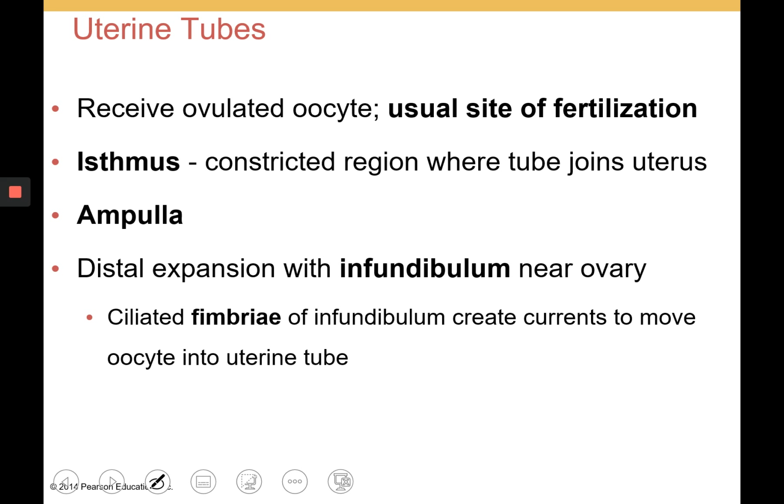The ampulla is going to be close to the infundibulum, and the infundibulum is the nearest structure of the uterine tubes to the ovary, other than the ciliated fimbriae. These fimbriae are kind of finger-like projections that move back and forth to create currents and move the oocyte into the uterine tubes. Adjacent to the fimbriae again is the infundibulum, adjacent to the infundibulum is the ampulla, and then closest to the uterus is the isthmus of the uterine tubes.